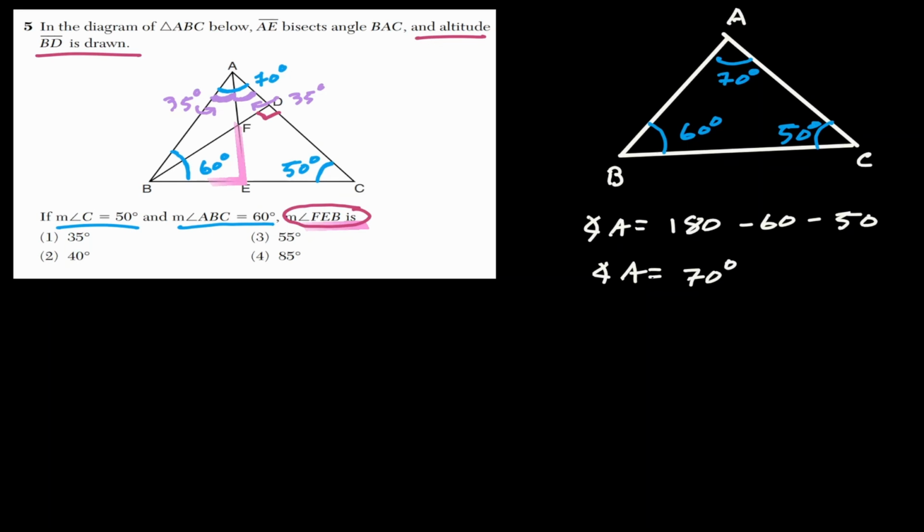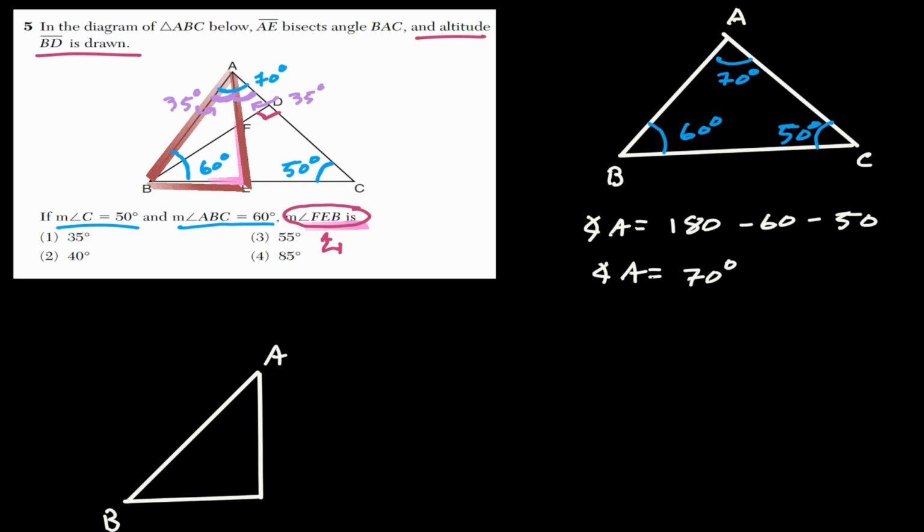So now, how about if we consider this triangle on the right-hand side only? I want to consider this triangle because in here, that's where we have the angle of interest, FEB. Now let's put down all the information that we know. Angle B is 60 degrees. But we already found out that this little section that we have here, which is this angle on our figure, is equivalent to 35 degrees.